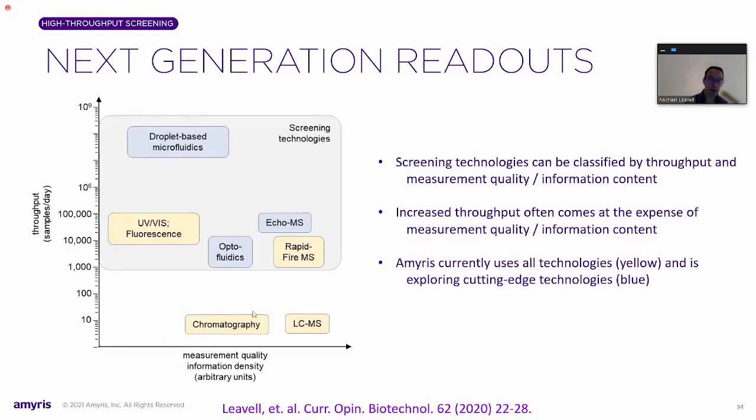At Amyris to date, we have all of the technologies listed here in yellow that we use for strain screening, and we are investigating the different cutting edge technologies shown in blue here. I'll talk about each of the blue ones and where we think they are in terms of state of the art.